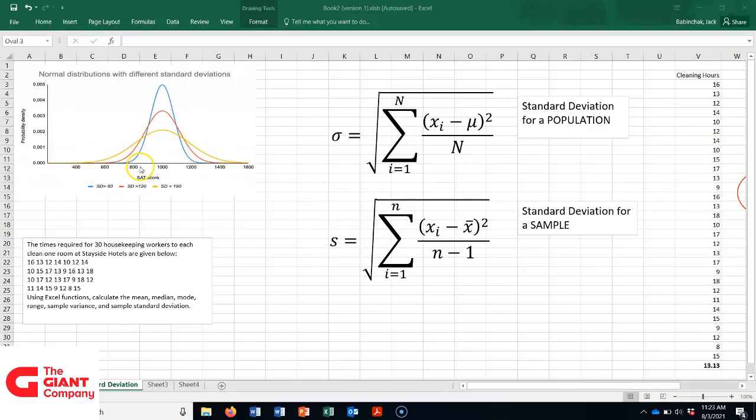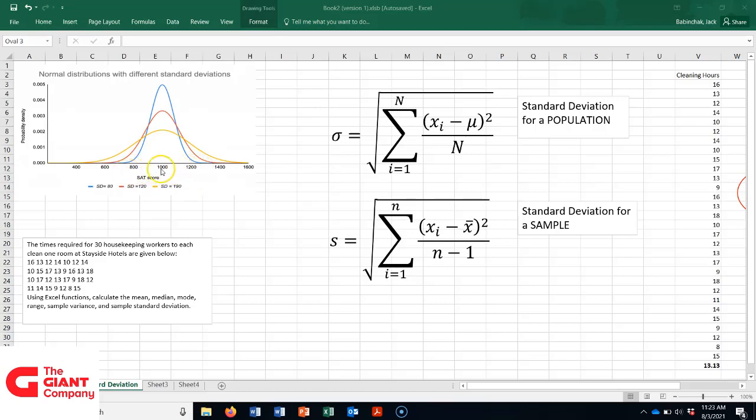So let's put it in terms of minutes waiting in line. That might be a little easier to understand. This blue curve is pretty tight. So we're going to find that most people wait between 800 and 1,200 minutes, which might seem like a long time, but that wasn't the intention of this to begin with.